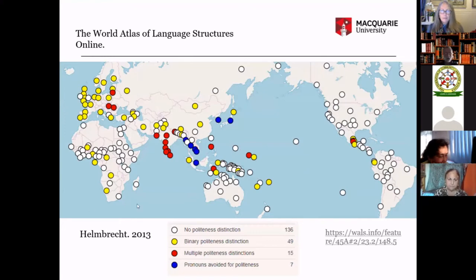Many countries have the binary distinction, like the French tu, vous, or the German, the Italian, they have just one distinction for a polite form and a singular form of you. The languages that are coloured in red here have multiple politeness distinctions. So there are many, many different ways that you can talk about you in order for the politeness to come through. And in blue, so for example, Japanese and some other languages of Southeast Asia, it's much more polite to avoid pronouns altogether.